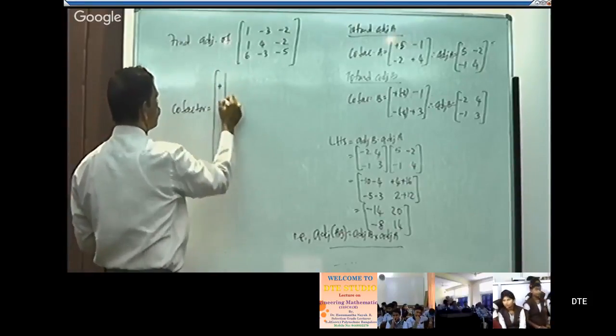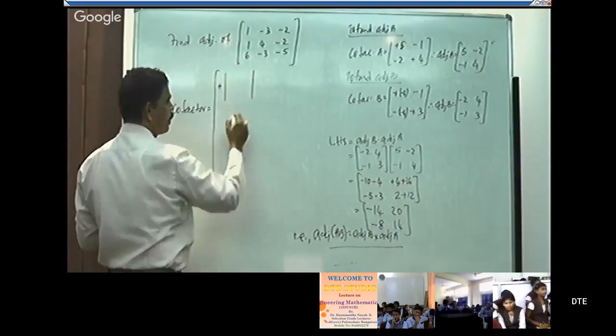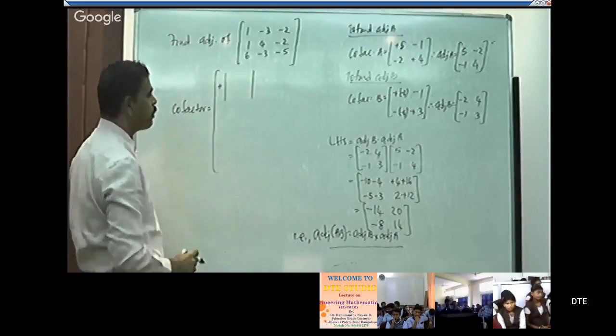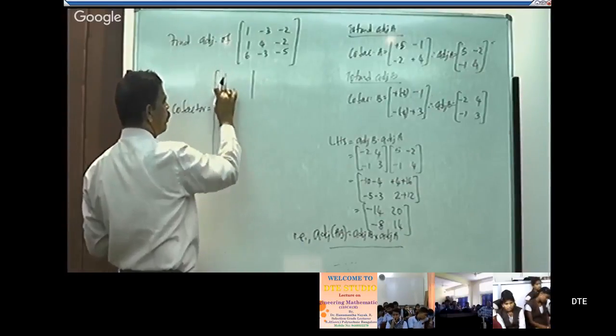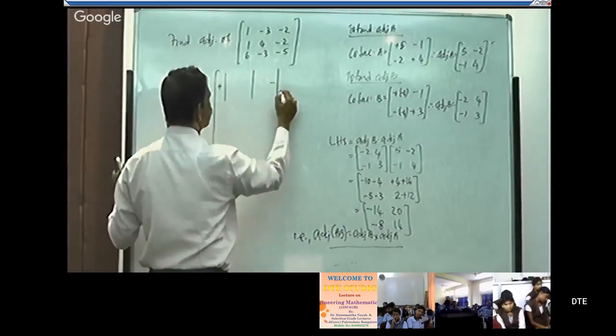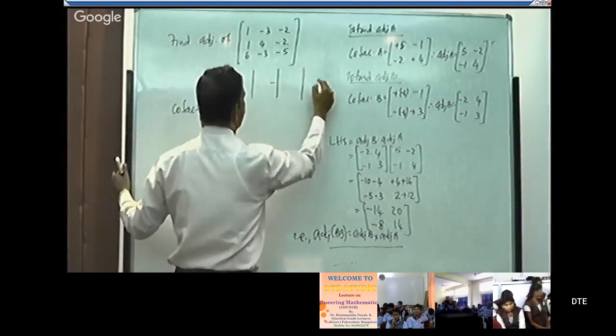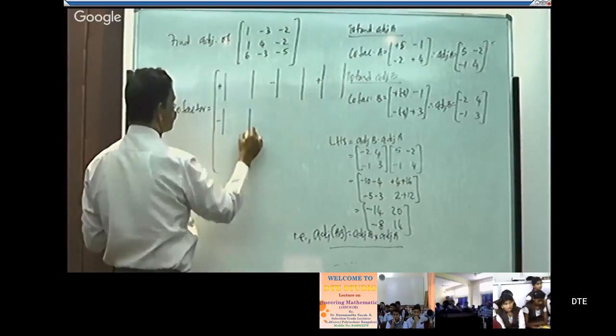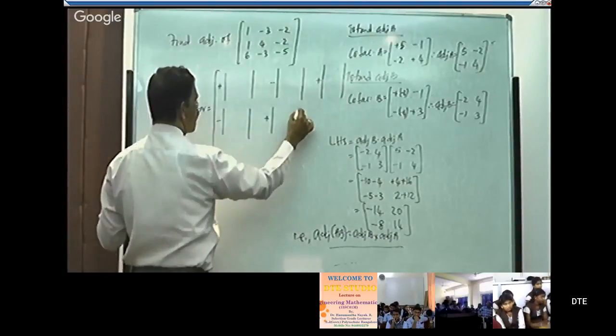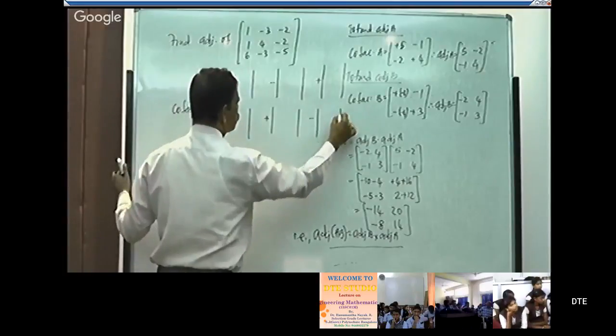Plus of, leave the space to write a determinant. The determinant is obtained by leaving the corresponding column and corresponding row of that particular element. Plus, minus, plus, minus, plus, minus.